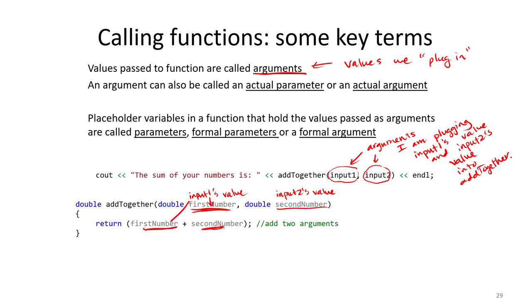So these placeholder names, first number and second number, we call these formal parameters.